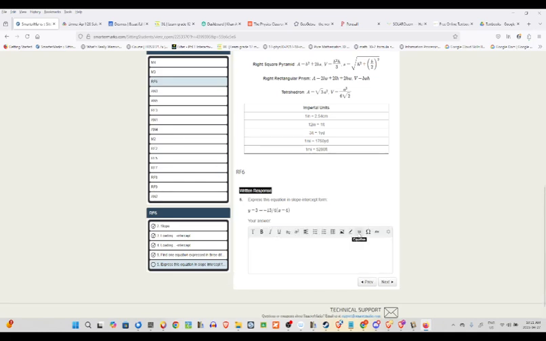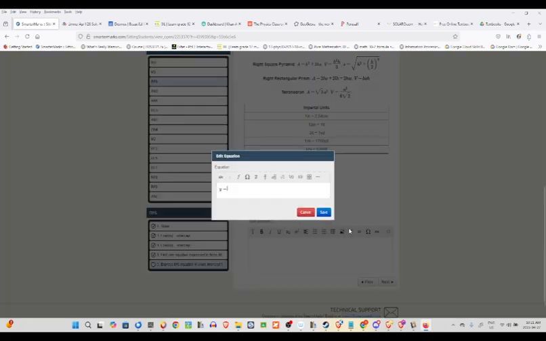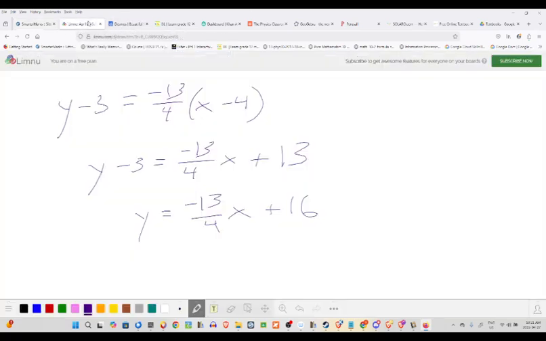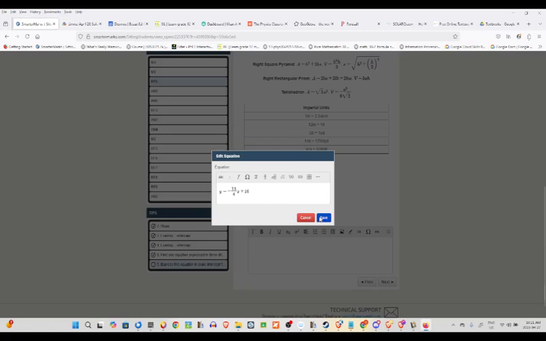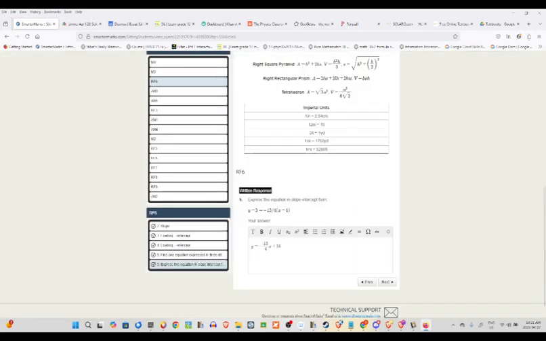So there we go. y is negative 13 over 4x plus 16. Okay, and this should wrap up relations and function 6.